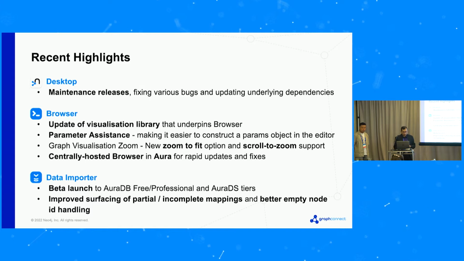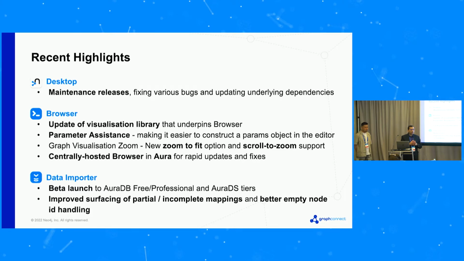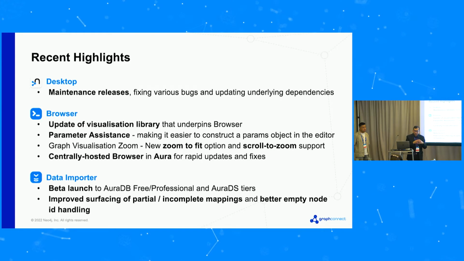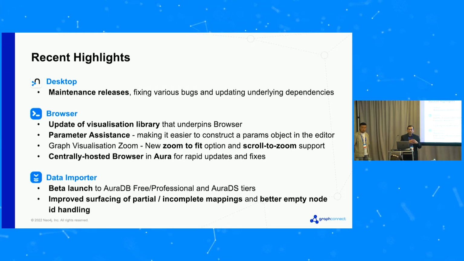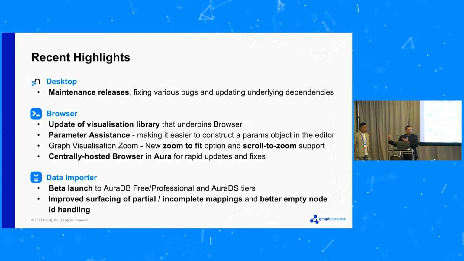And then we've also centralized browser hosting inside of Aura, where browser is available on browser.neo4j.io. And then you can connect that browser to any database. Prior to that, our Aura instances were, like Neo4j always comes bundled with browser, and has been. And so for people who just use that package in the bundle and then deploy browser and then use browser that's inside that bundle, well, you're stuck on the version of browser that was there at the time.